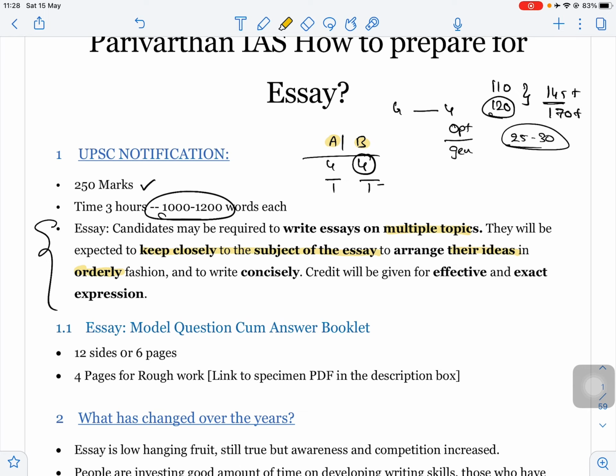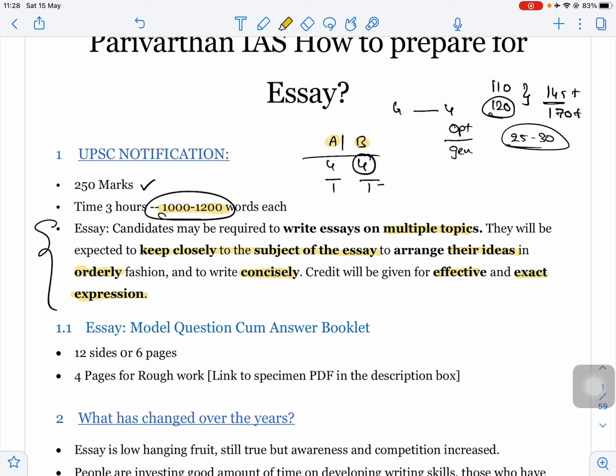All these things come under this orderly fashion. Then concisely, you have to limit yourself to 1000 to 1200 words, without losing the essence, and be able to say whatever you want to say in effective and exact expression. All these terms are very important.